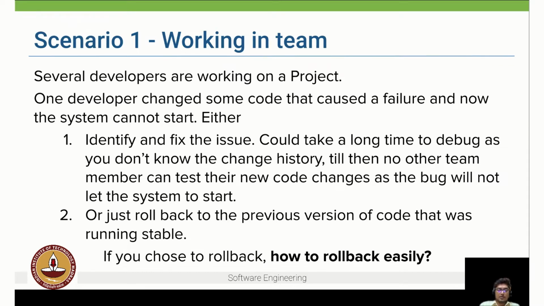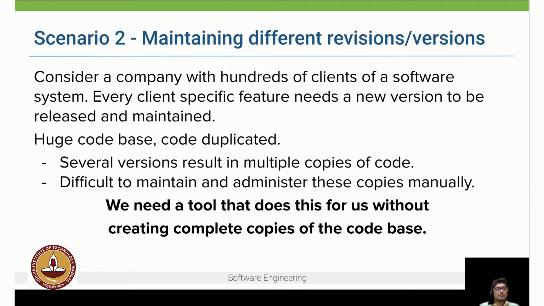So let's come to the second problem. Consider a company that has hundreds and thousands of clients of a software system, and every client may have specific feature requirements. If not every client, many will have them.